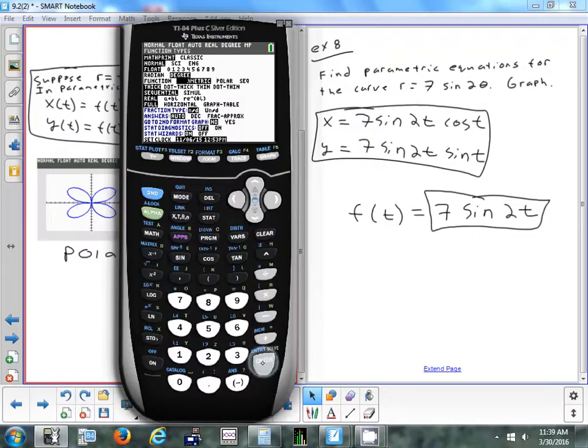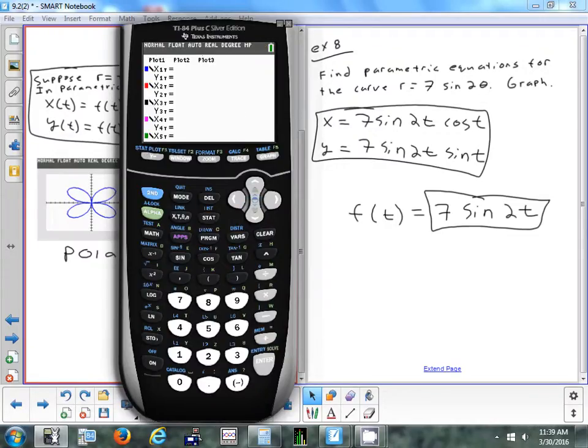So go to parametric. For my x, type in 7 sine 2t cosine t. Multiplying by the cosine gives me just the horizontal. And then take the same thing, and multiplying by the sine of t gives me just my vertical.